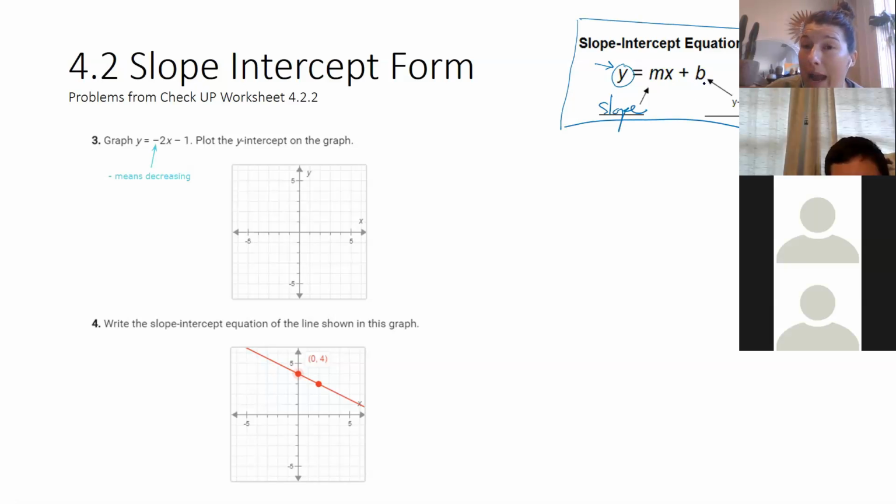And our value added to the end, our b value, stands for the y coordinate of the y-intercept. Beautiful. Okay. Reminder, y-intercept is where your graph crosses the y-axis. This is your y-intercept.